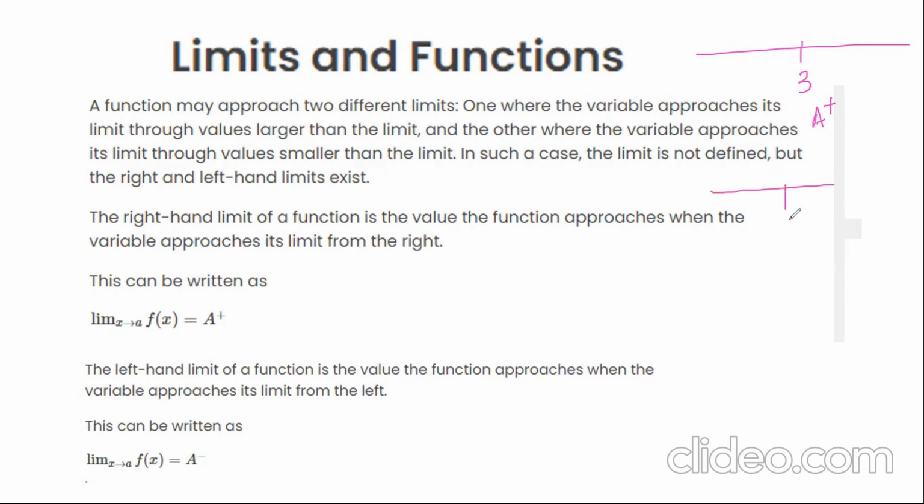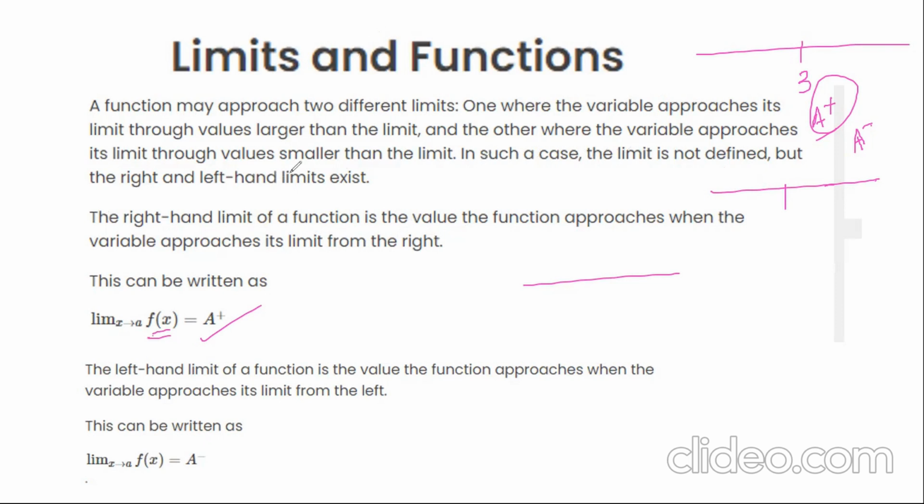Otherwise, you take the other end as a minus, right? So a plus, a minus. So two ways you are approaching a point A here, right? So a plus and a minus. So here you observe the variable, that is the right hand limit of a function is the value the function approaches when the variable approaches its limit to the right.